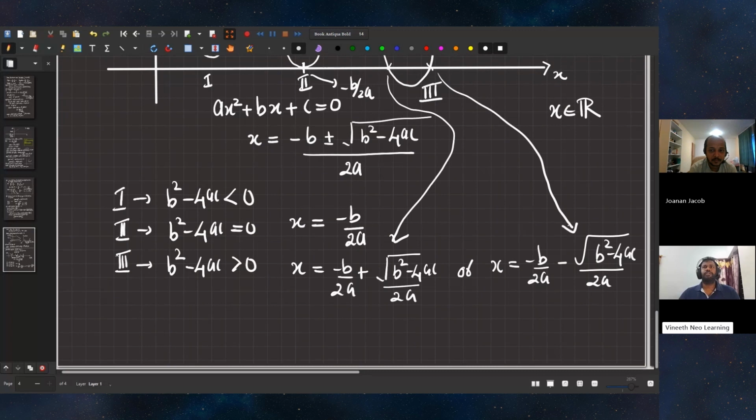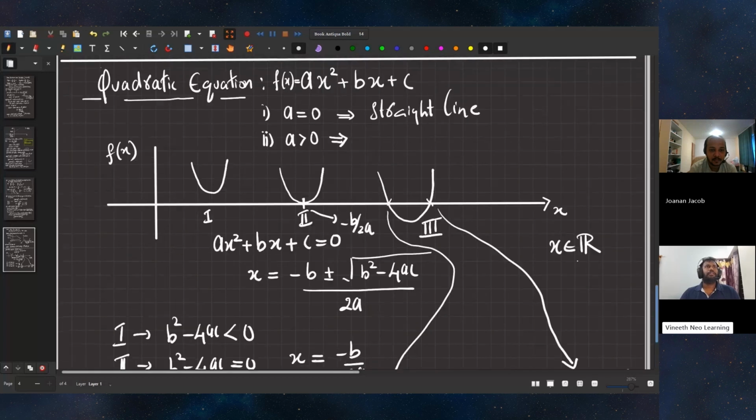These are the two values of x for which this polynomial equals 0, meaning f of x touches the x-axis, where y becomes 0.